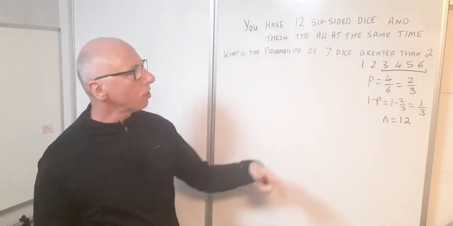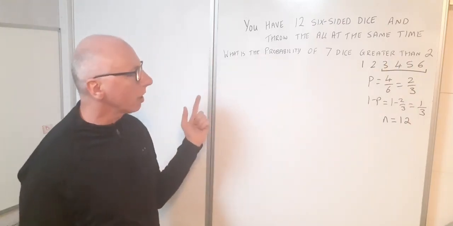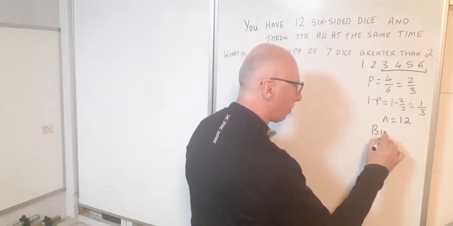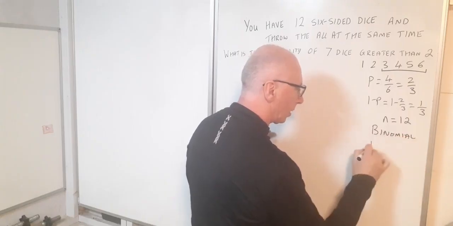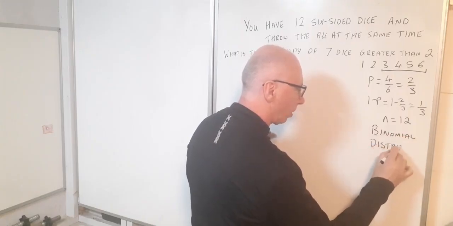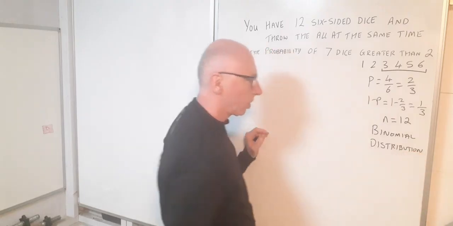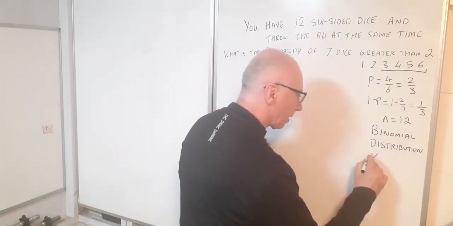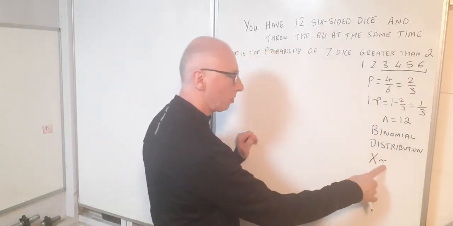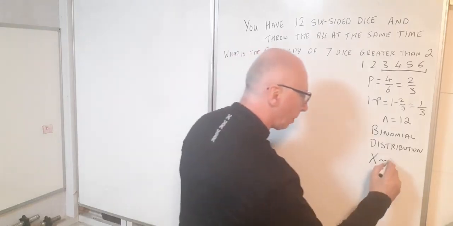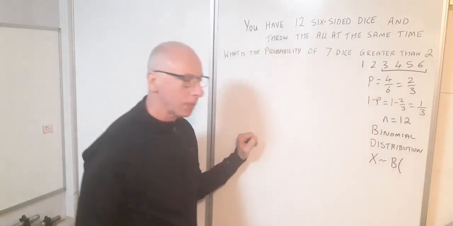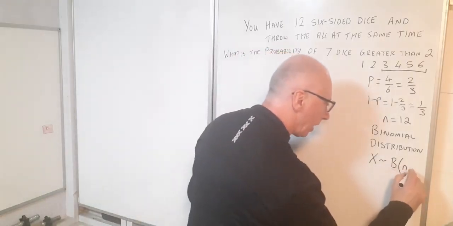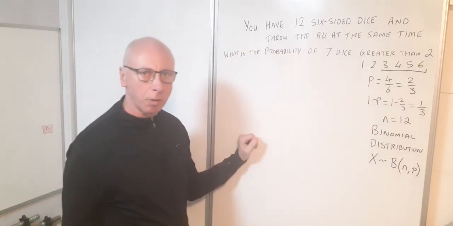So with that, and assuming that all this is independent and there's no cheating going on, we can use the binomial distribution. What we do when we have a binomial distribution situation is write this in terms of its mathematical grammar. We say X is distributed B for binomial, where X is our random variable, and there are 2 parameters in this distribution: the number of trials, which is n, and p, which is our probability.